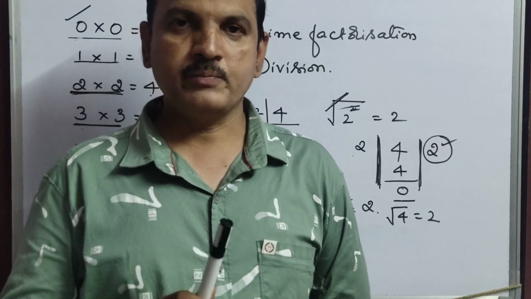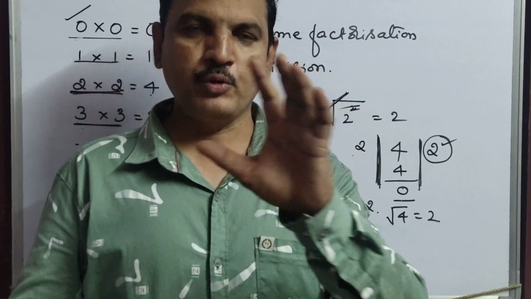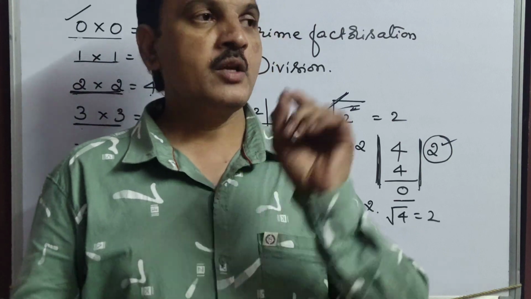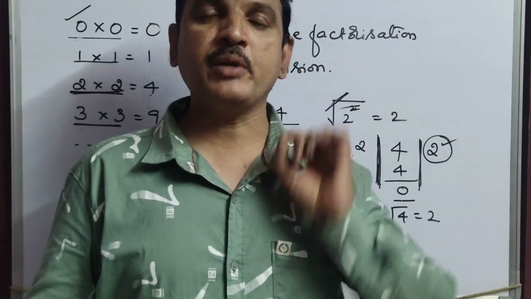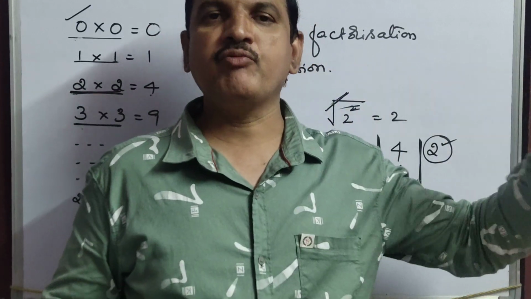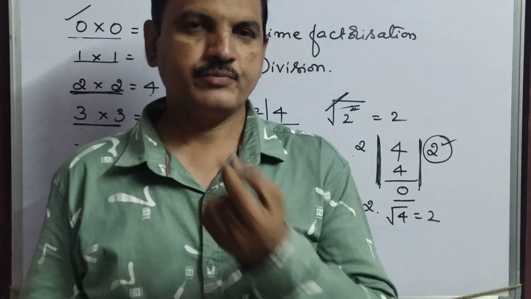Okay, and one more thing, in the questions they will ask you, find the square root of, suppose, 225. Find the square root of 225 by prime factorization method. That means clearly he mentioned it there, so you have to use the prime factorization method only.